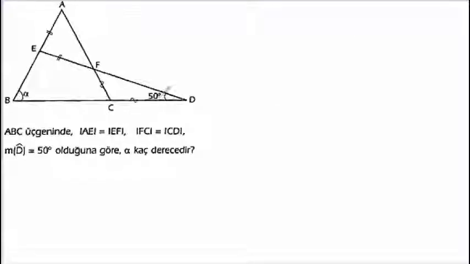Let's look at the third question. The question asks us the angle A. Since it says in the question that these two sides are equal, this angle is also 50 degrees. Because of the sum of interior angles being 180 rule, we subtract 100 from 180 and we find the third angle of this triangle, which is 80.